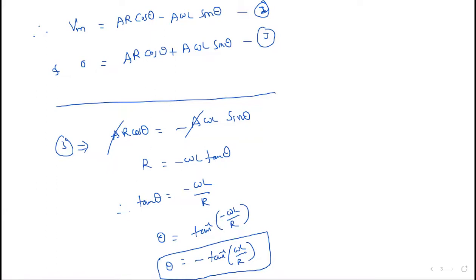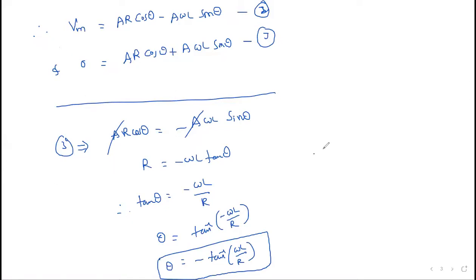Since we got the theta is equal to this much, then the second equation we can write it as, from this, since tan theta is equal to minus omega L by R, we can write cos theta is equal to, using Pythagoras theorem, see, this is minus omega L and this is R. Correct?